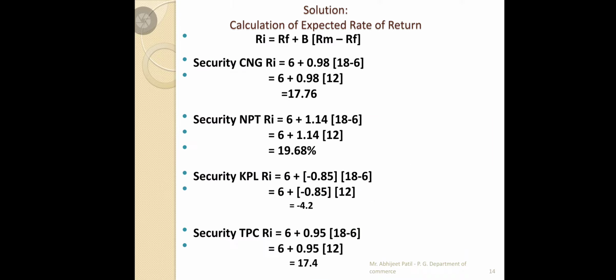So we use that Rm value and find the expected return for each security, CNG, NPT, KPL and TPC, as per the CAPM equation.